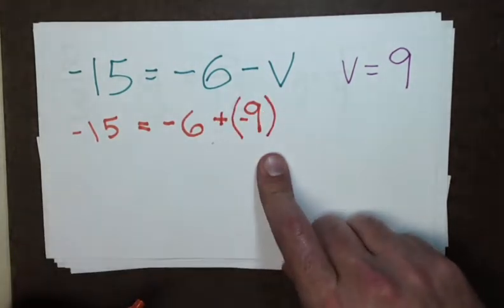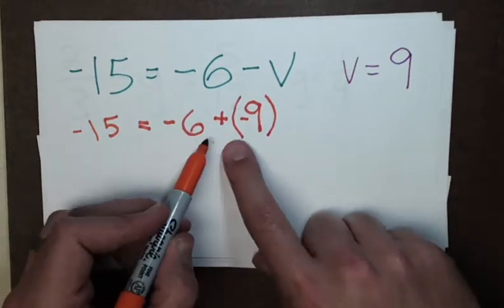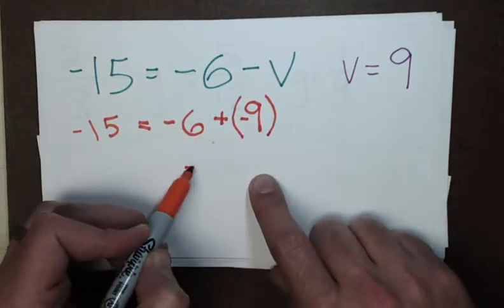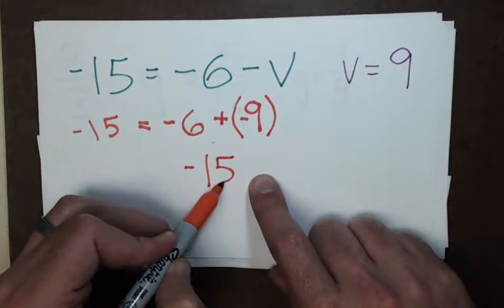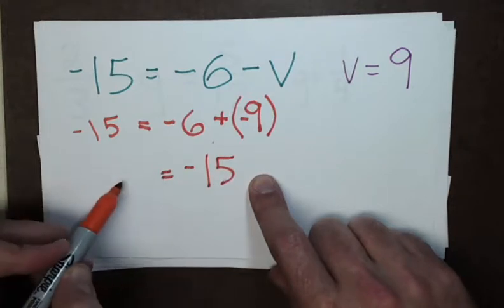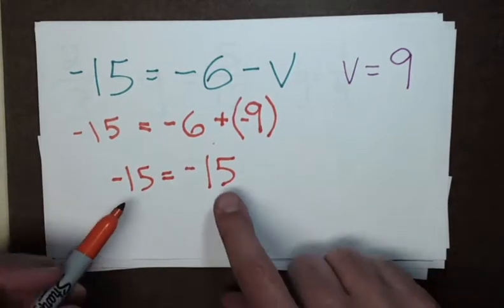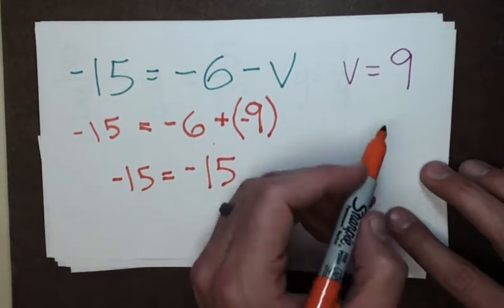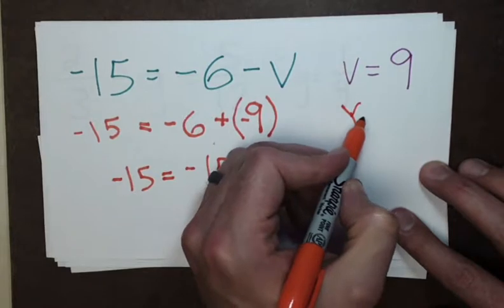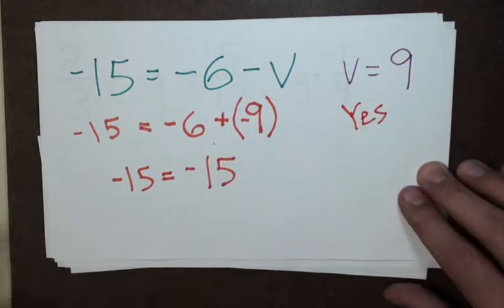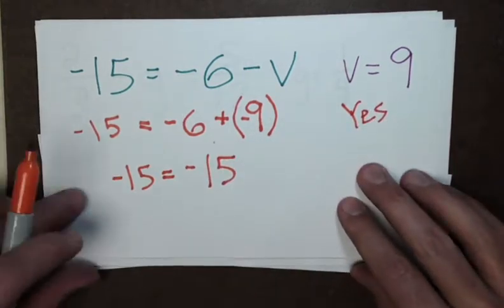Like that. And when we add two negatives together, they combine, we keep the sign. Alright, so yes, that does balance the equation. They're equal on both sides. So v is a solution. v equals 9 is a solution. Yes, that is a solution.